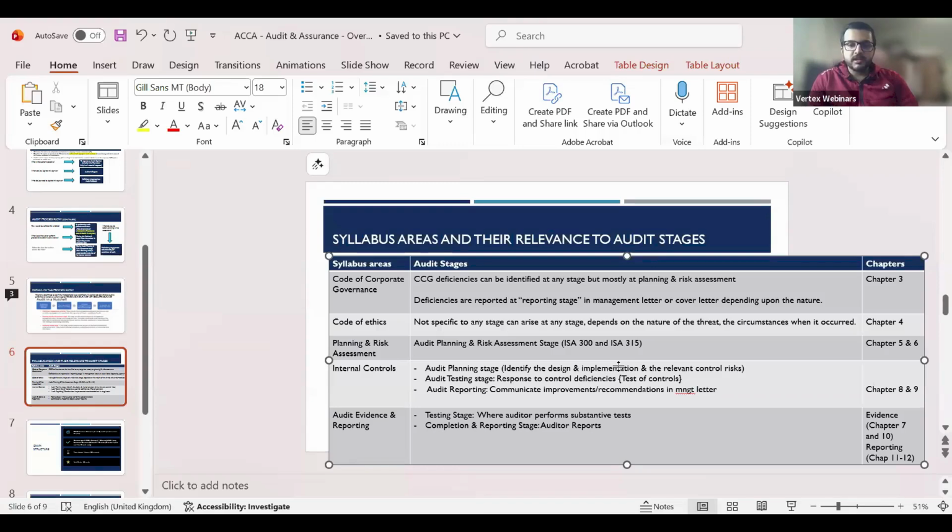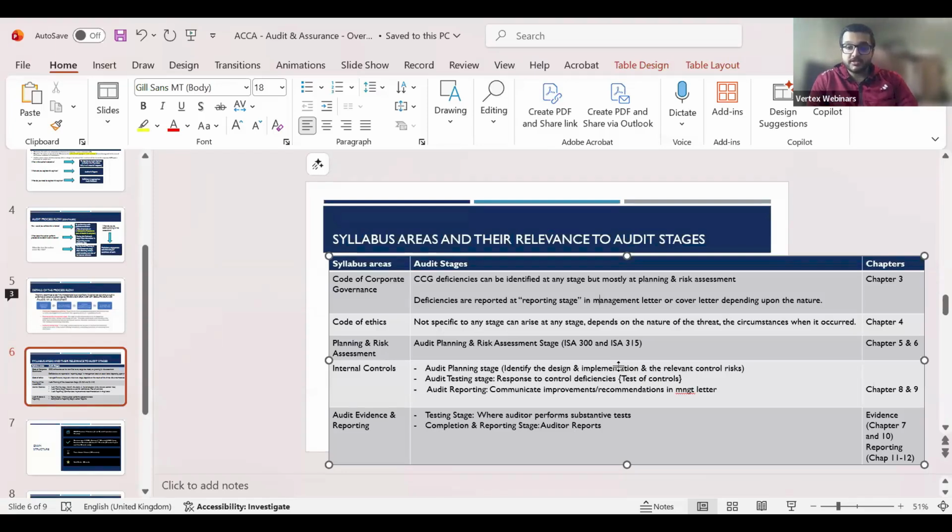Code of ethics is again not specific to any stage; ethical issues can arise at any stage. It depends on the nature of the threat and the circumstances in which the threat occurred. So the code of ethics is not specific to any particular stage, and these threats can arise at any point of time. Chapter number 4 is relevant to this syllabus area.